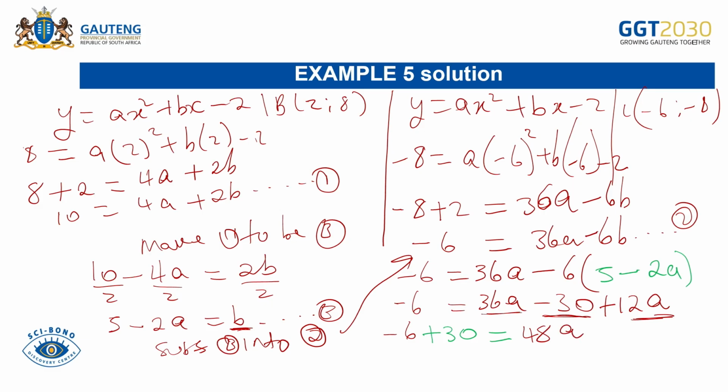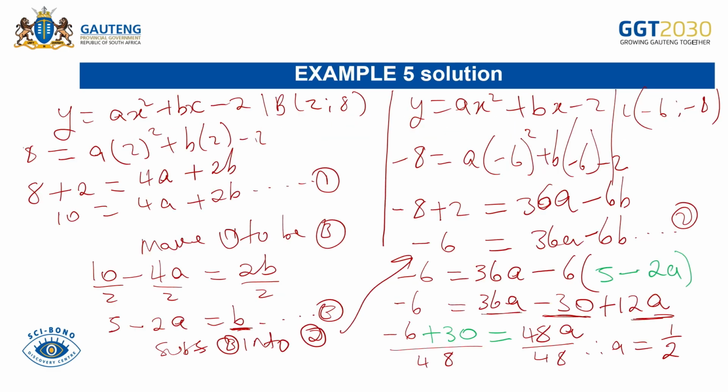Then we divide by 48 on both sides, so a equals negative 6 plus 30, which is 24, and 24 divided by 48 gives 1 over 2. So your a is 1 over 2.